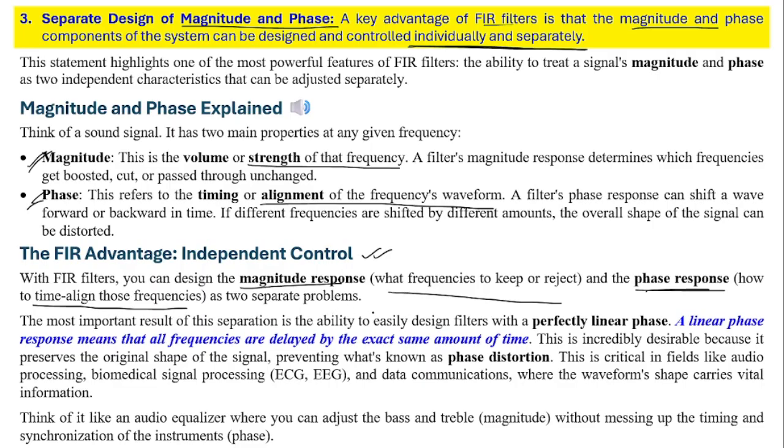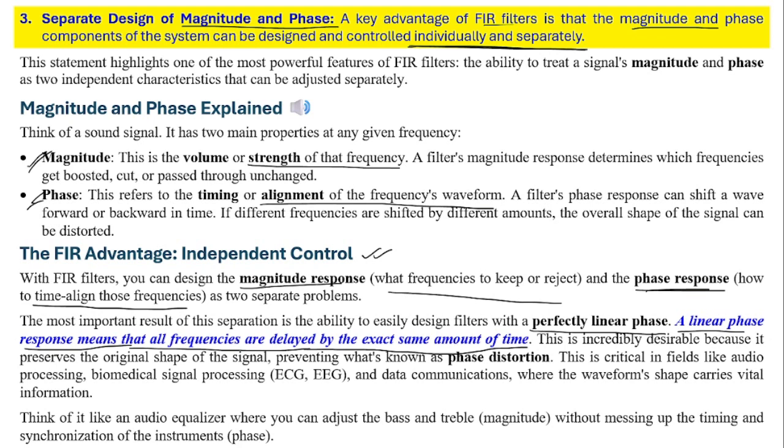So the most important result of this separation is the ability to easily design filters with perfectly linear phase. A linear phase response means that all frequencies are delayed by the exact same amount of time.